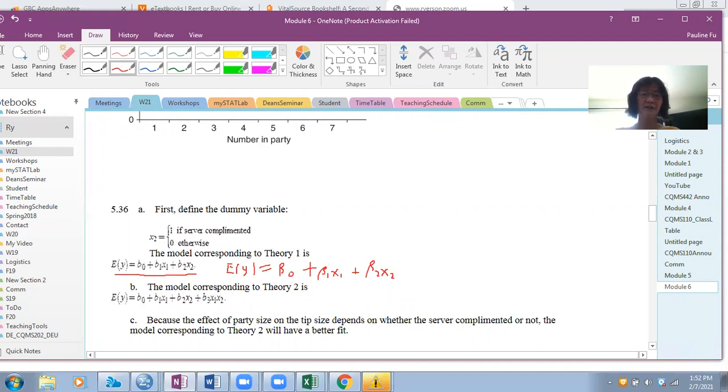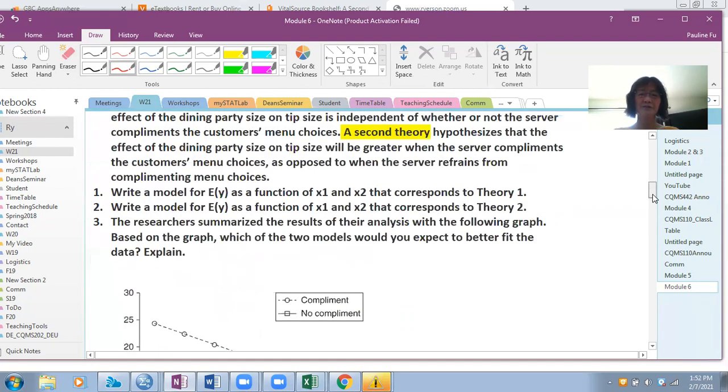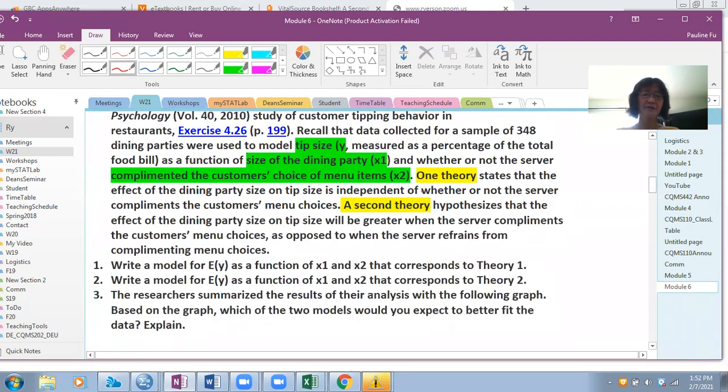X2 is a qualitative variable, a dummy variable. Okay. So this model is on the condition that the server complementing does not interfere. This theory says the party size X1 is independent of X2.